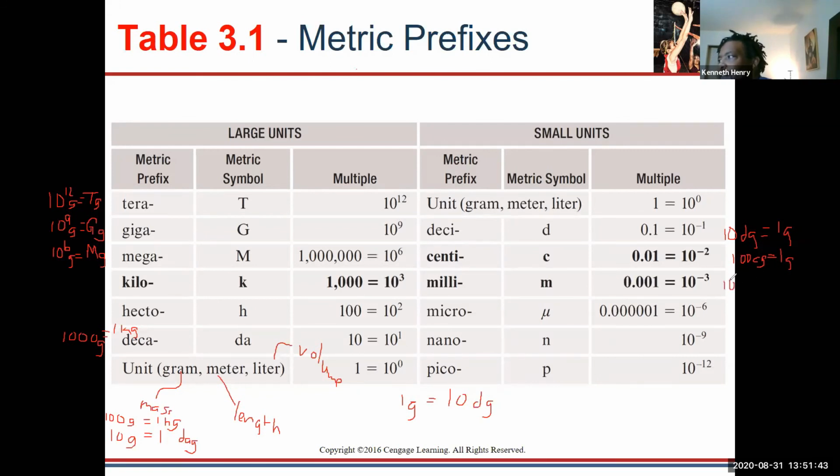Say 1,000 milli, and we'll use meters here just for the sake of it. 1,000 millimeters equal 1 meter.